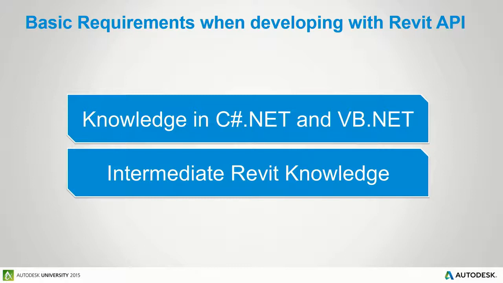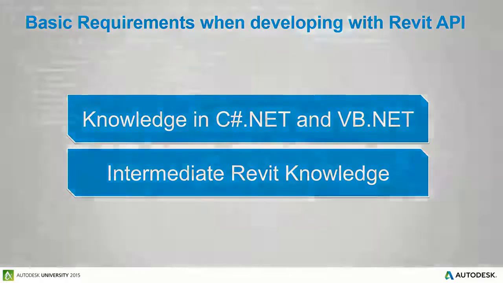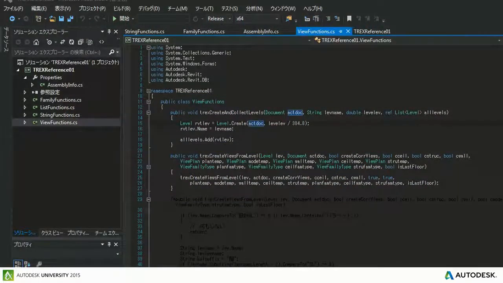And I come from a C++ environment, and I just learned C# when I was tasked to develop programs for Revit. So don't lose hope. If you're a pure beginner, it might take months to learn it, but you will progress as you develop programs.